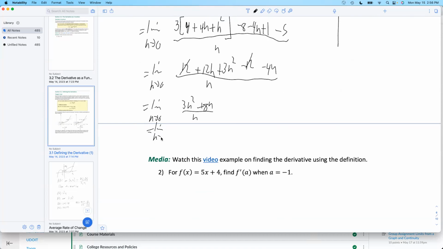Equals limit as h approaches 0, factor an h out on top. I get 3h plus 8 over h. The h's cancel. Then I can plug in h equals 0. I couldn't up here, but now I can. And I'm going to get 3 times 0 plus 8. I get 8.